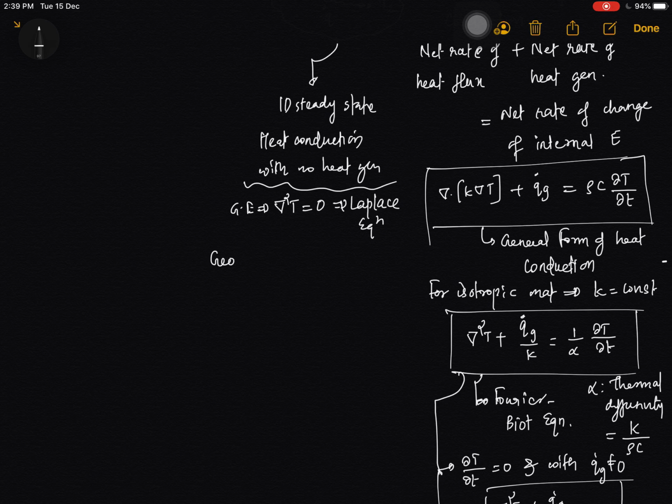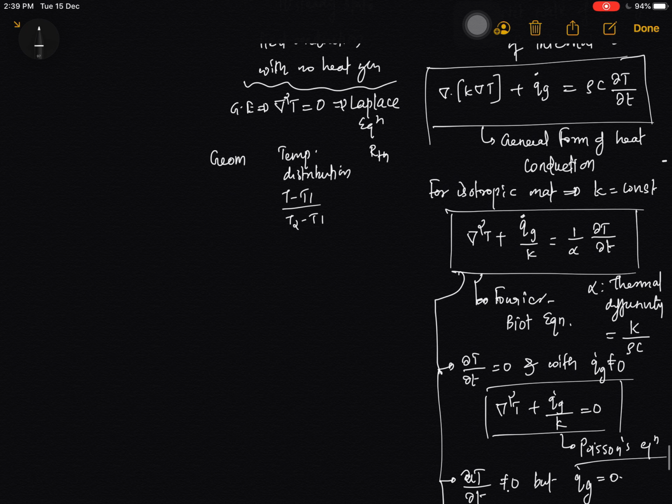So let's tabulate all the cases, that is first of all the geometry, and then temperature distribution, that is (T minus T1) by (T2 minus T1), then the R_th, that is the thermal resistance.